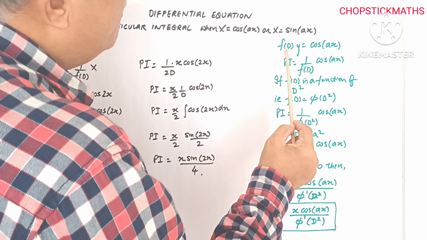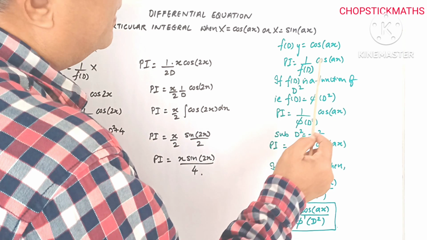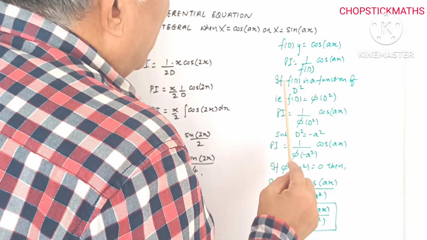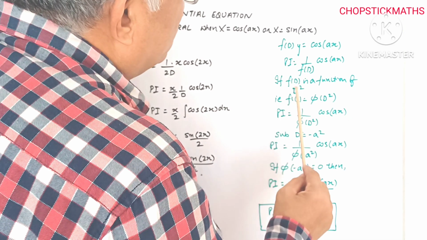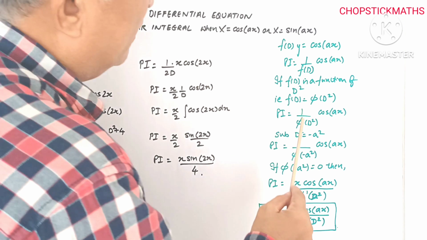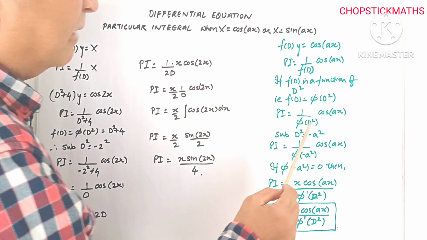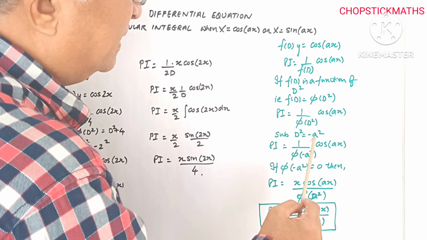That is, if f(D)y is equal to cos ax, then PI is 1/f(D) into cos ax. Now, if f(D) is a function of D², that is f(D) is equal to φ(D²), then PI will be equal to 1/φ(D²) into cos ax. Here we'll have to substitute D² is equal to −a².